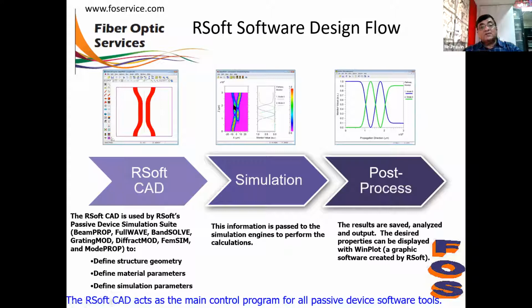Then this information is passed on to the simulation engine you are going to use, whether it is BPM based, FDTD based, or CMT based, whatever you decided in the first step. Once the simulation is done, there is a post process, and all of them again use a common graphic software called WinPlot to output the data.